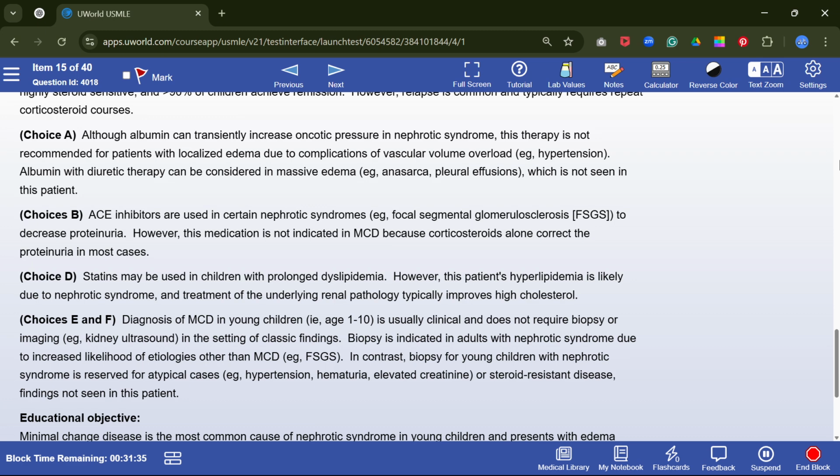In contrast, biopsy for young children with nephrotic syndrome is reserved for atypical cases: hypertension, hematuria, elevated creatinine, or steroid resistant disease, findings not seen in this patient.